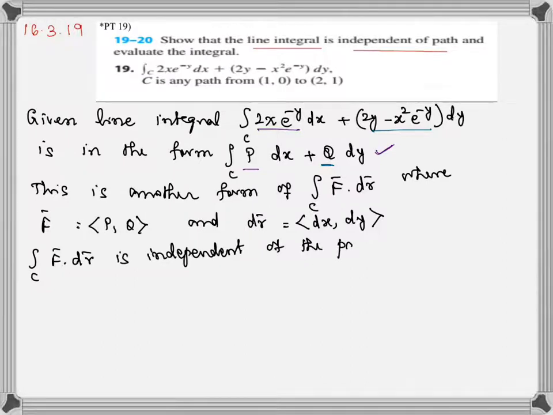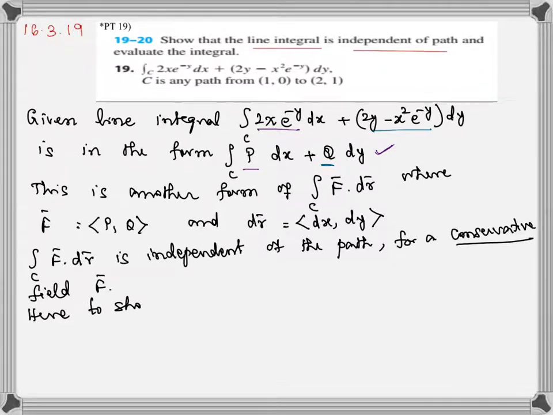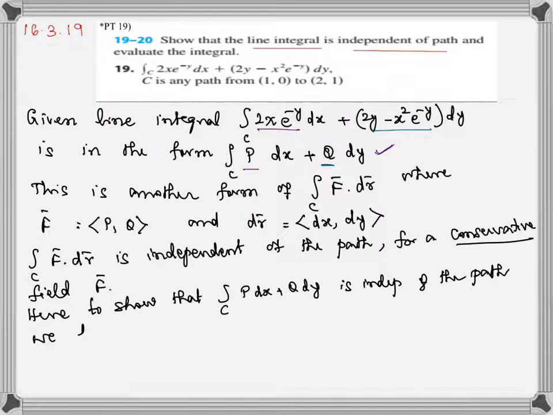The integral over C of F dot dr is independent of the path if F is a conservative field. In other words, to show that the integral over C of P dx plus Q dy is independent of the path, we have to show that F is a conservative field.